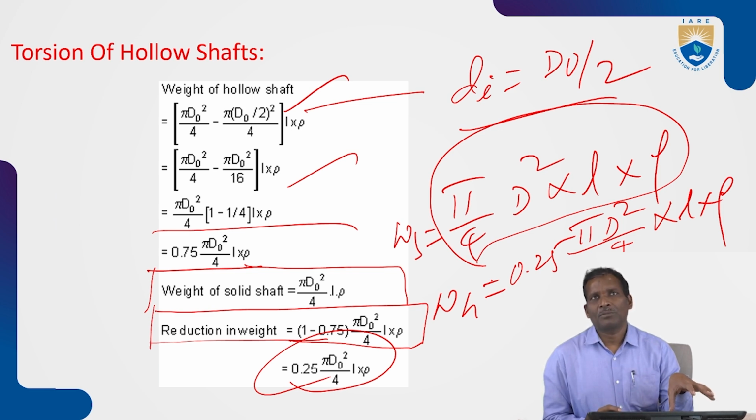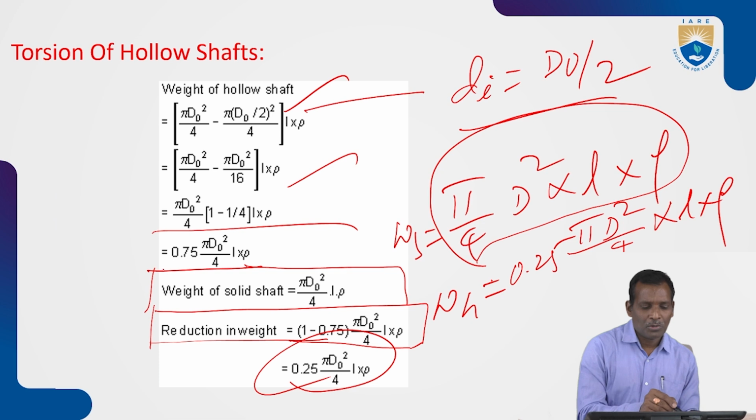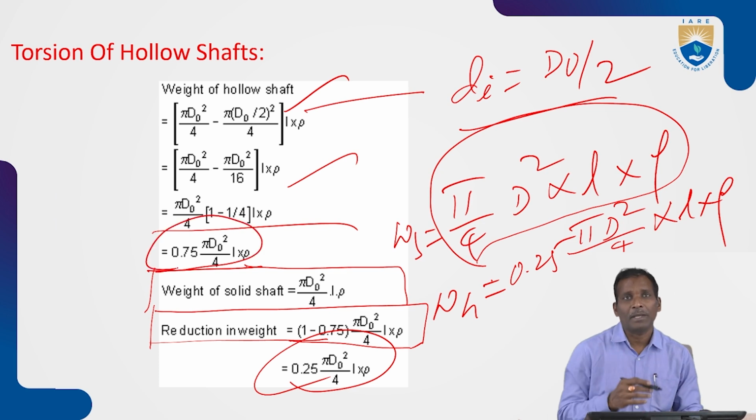The weight of the hollow shaft is 0.75 times of the solid shaft.